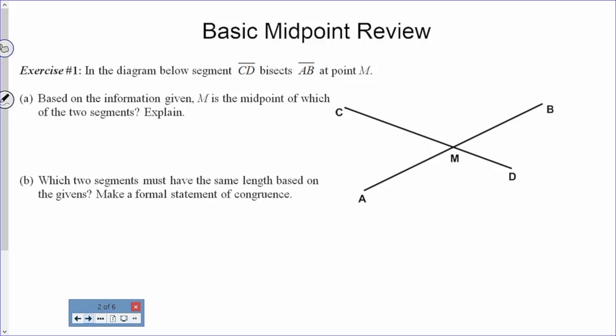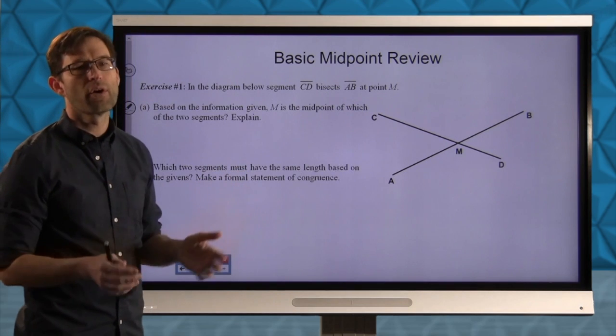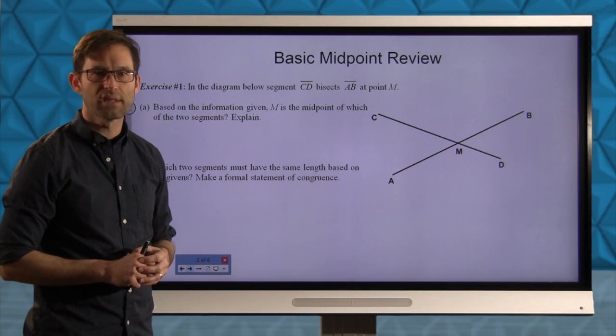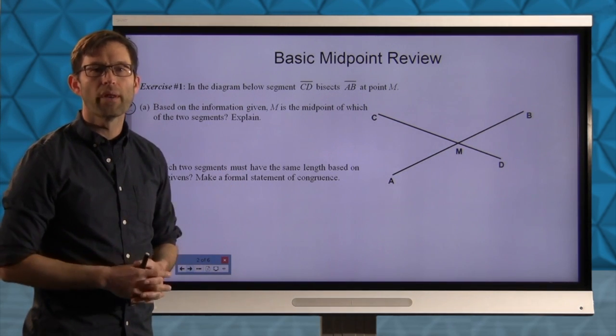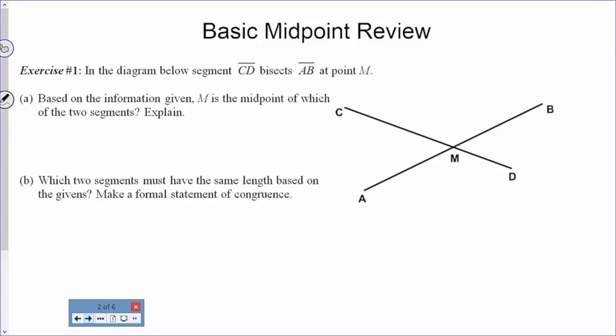Exercise number 1. In the diagram below, segment CD bisects segment AB at point M. Based on the information given, letter A, M is the midpoint of which of the two segments? Explain. Alright, this should be very, very easy for you. We've worked with midpoints extensively. M is the midpoint of which of those segments?